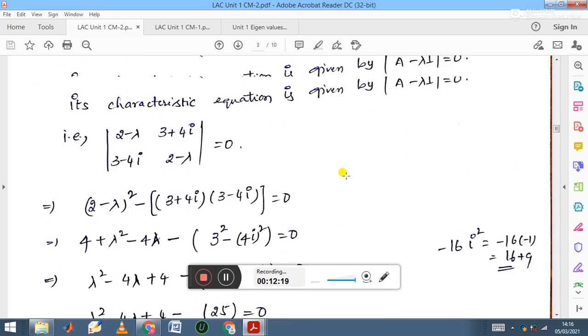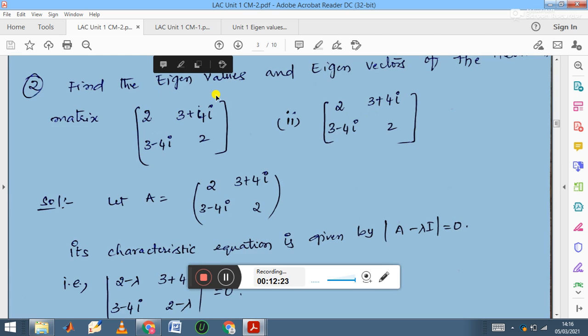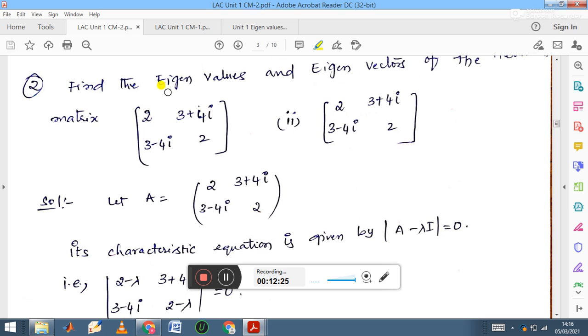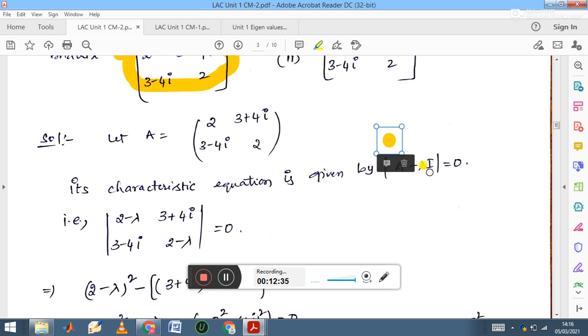in this problem, find the eigenvalues and eigenvectors. This is the given matrix. Use the characteristic equation, A minus lambda I equals 0.